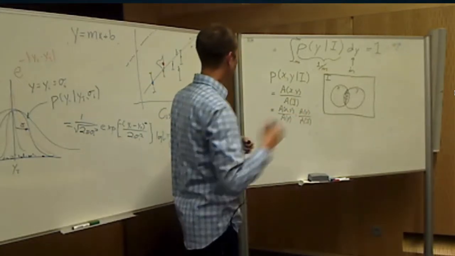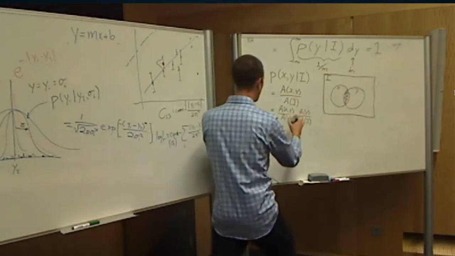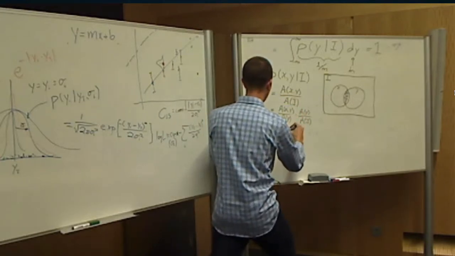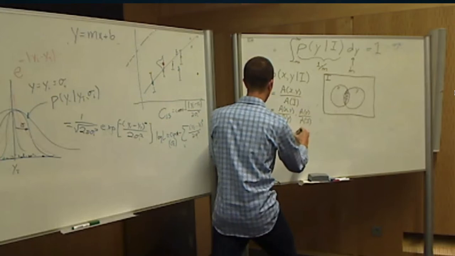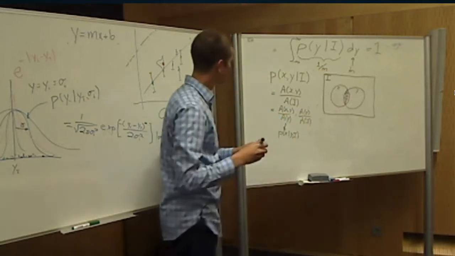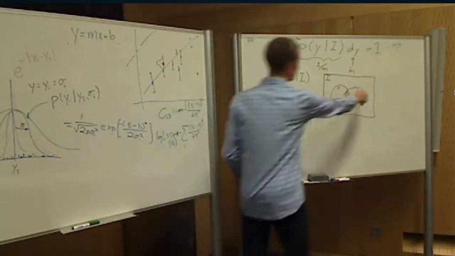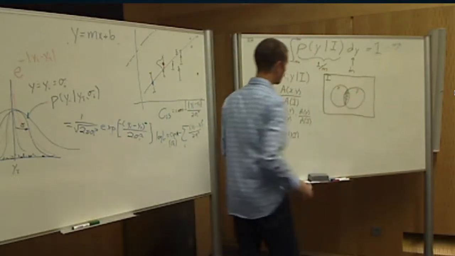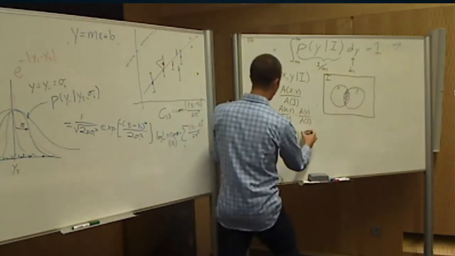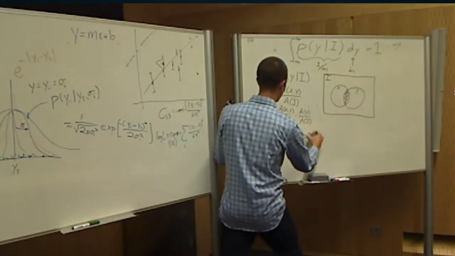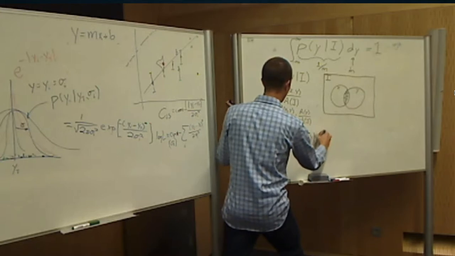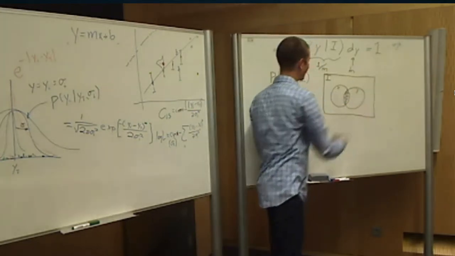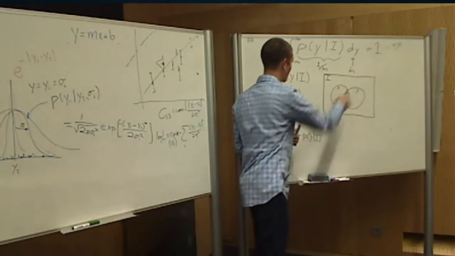And this area of x and y given y represents the P of x given y and I, right? So we're basically saying, given that y is true, what's the probability of x being true as well? And we're multiplying this by the probability of y given I. So the probability that y is true given everything, and the probability that x is true given y.